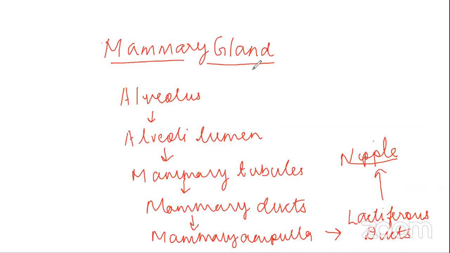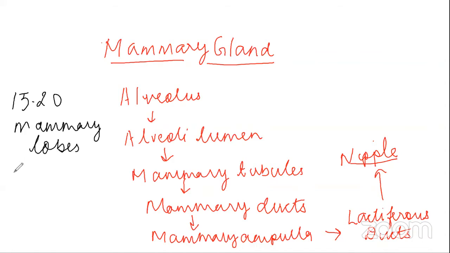So 15 to 20 mammary lobes are found in each breast. This is asked as a question.